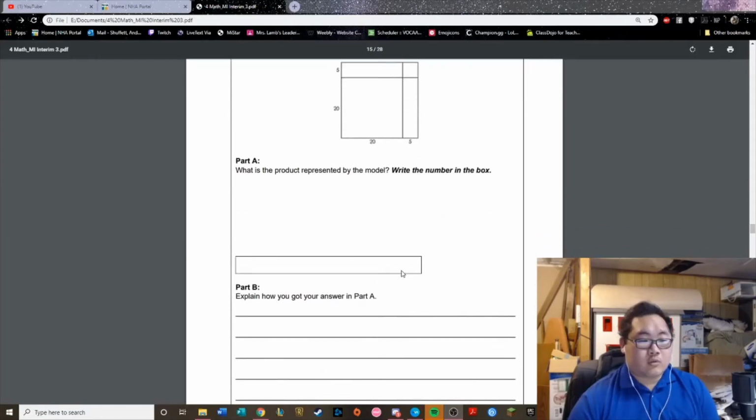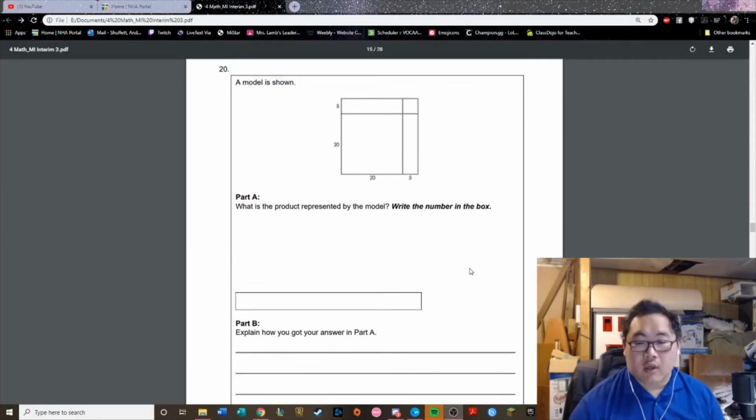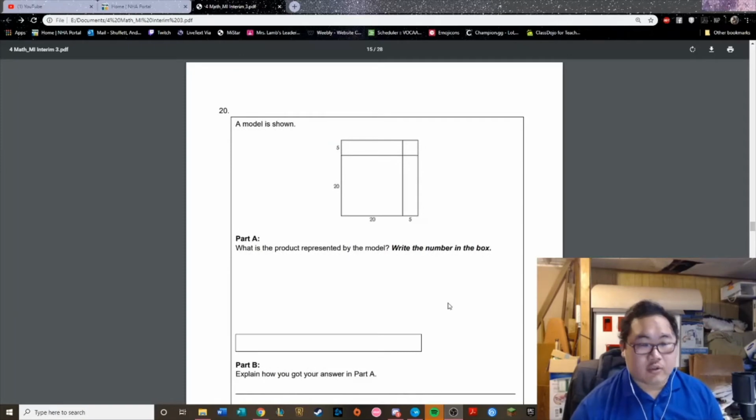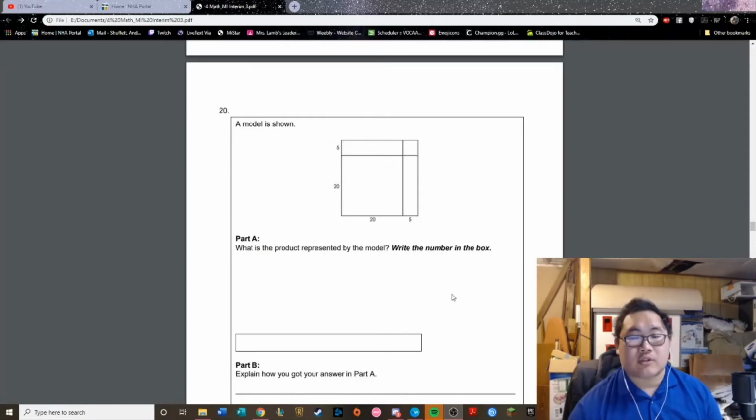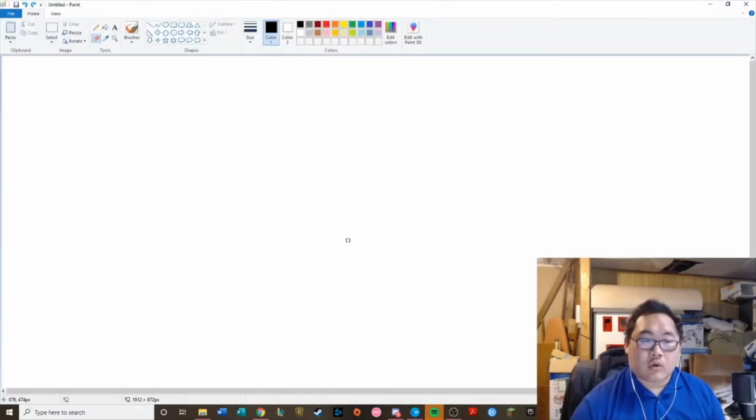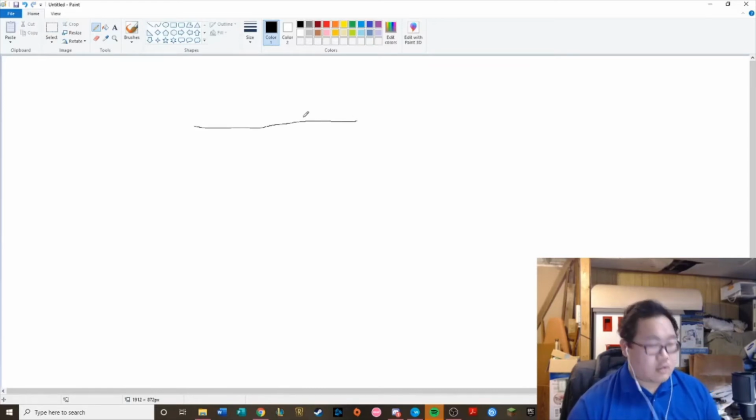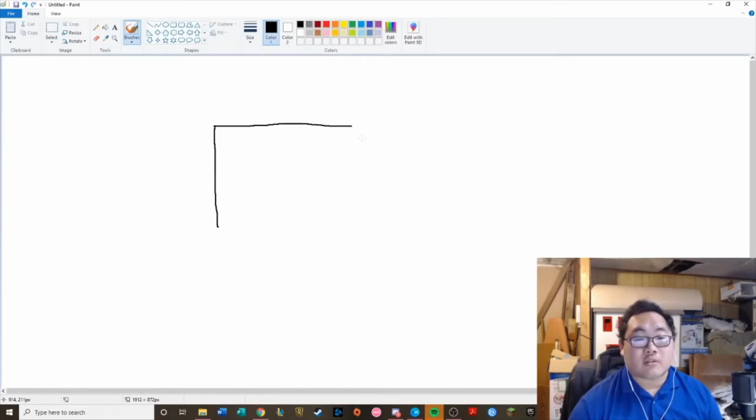So, of course, we're going to explain how we got our answer, but to break it all down and show you what the original thought is, I'm going to do something a little different. So, first of all, we've got this open array, right? And what they want you to realize that they've done is they've taken this box, right?